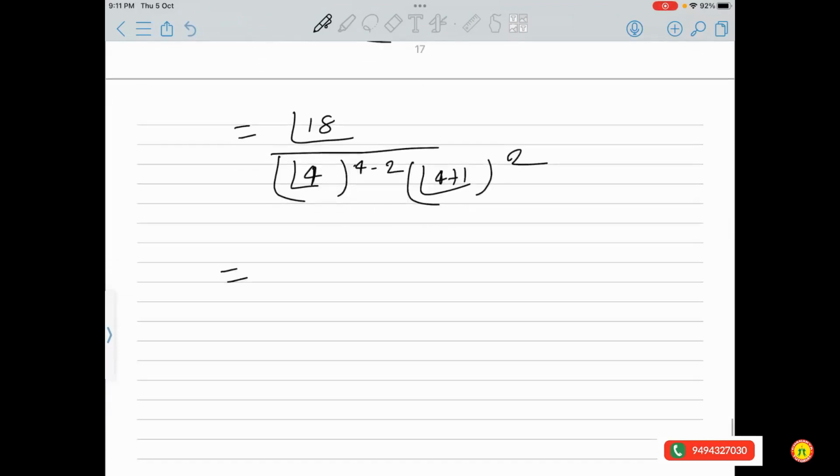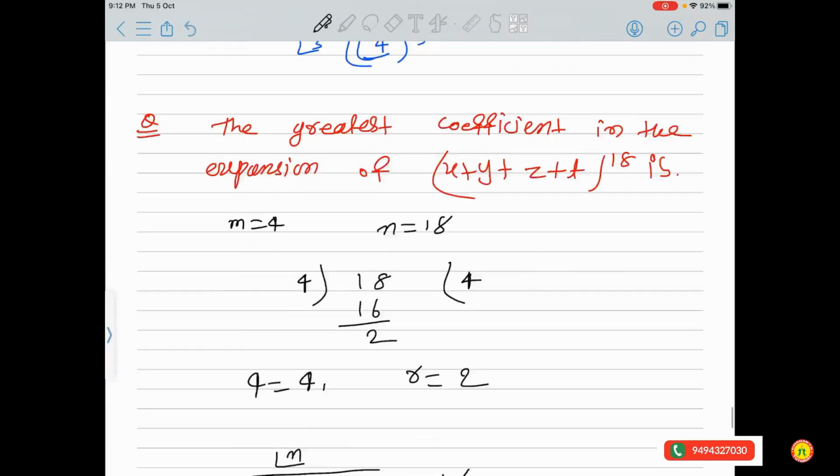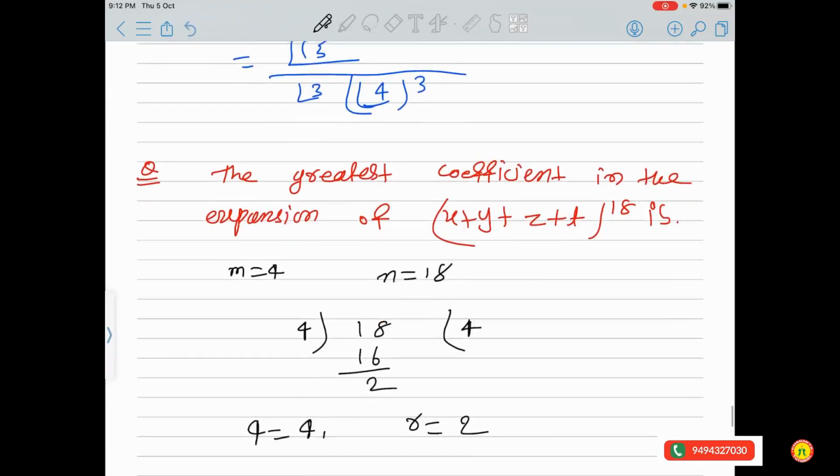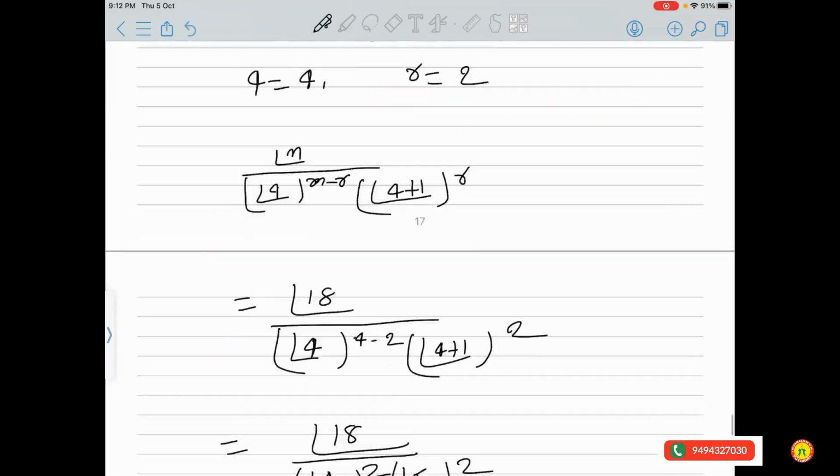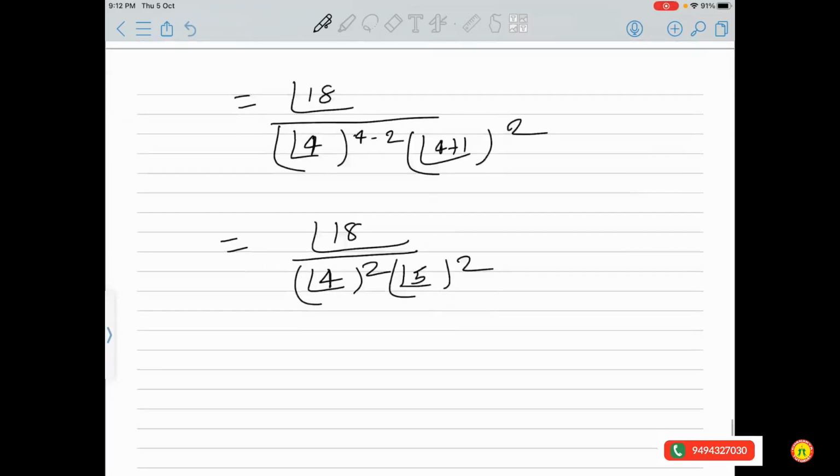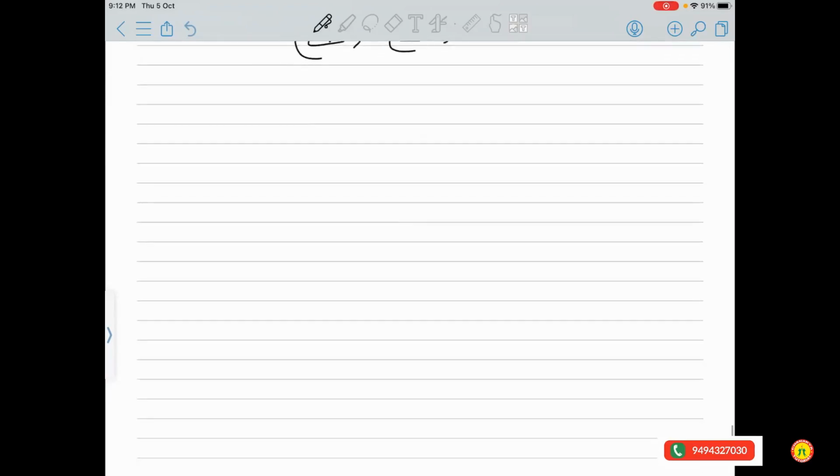The answer is 18 factorial upon 4 factorial power 2 and 5 factorial power 2. Got it? Yes, sir. Good. So now the greatest coefficient topic is also completed.